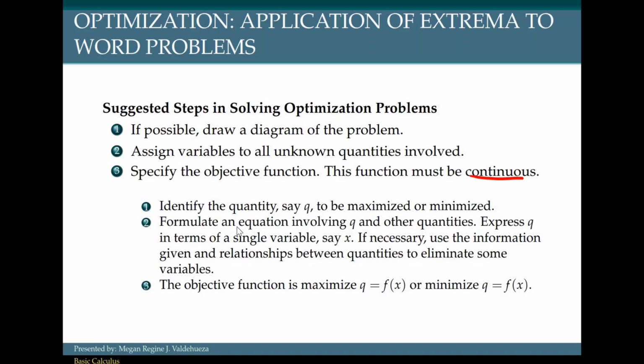We also formulate an equation involving q and other quantities. Express q in terms of a single variable, say x. If necessary, use the information given and relationships between quantities to eliminate some variables. So the objective function is maximize q equal to f of x or minimize q equal to f of x.